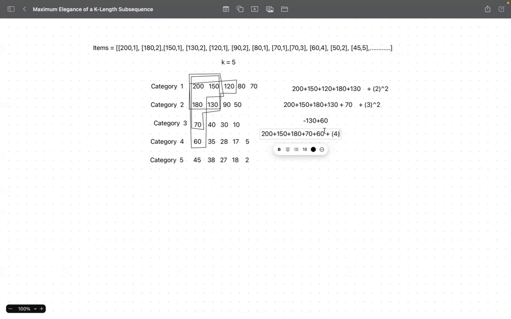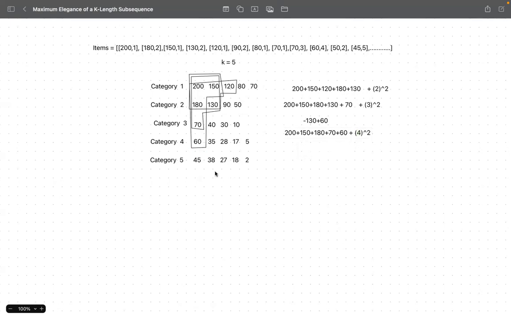Now the category count is 4. So one by one we are increasing categories, and we are choosing items accordingly to increase our distinct categories, so that our profits can also be as maximum as possible with that number of distinct categories.